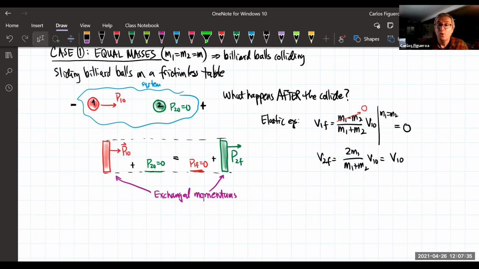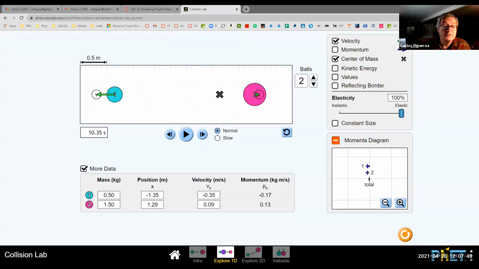So what I want to do here is show you exactly what it looks like. The masses are not the same, so let's make them the same.